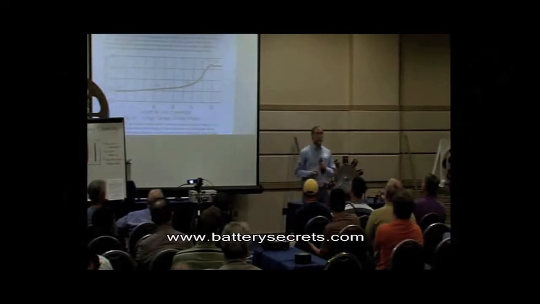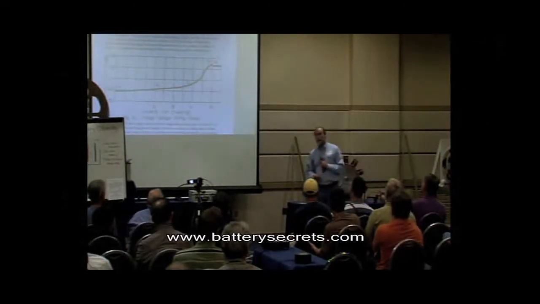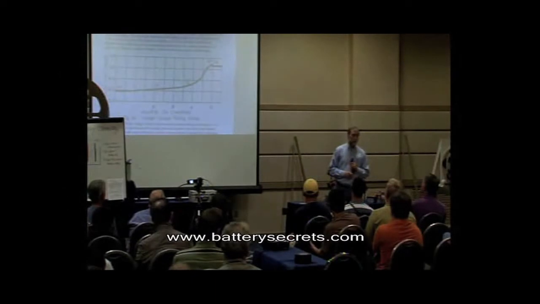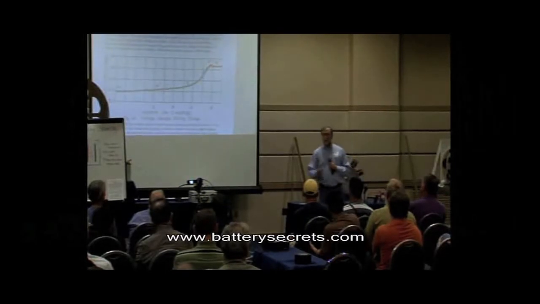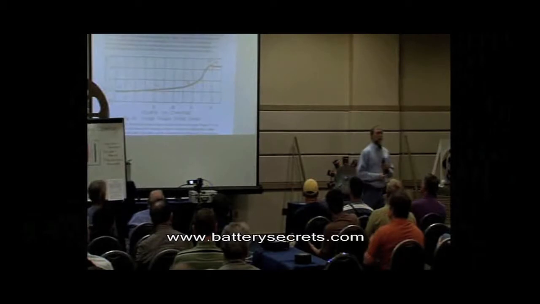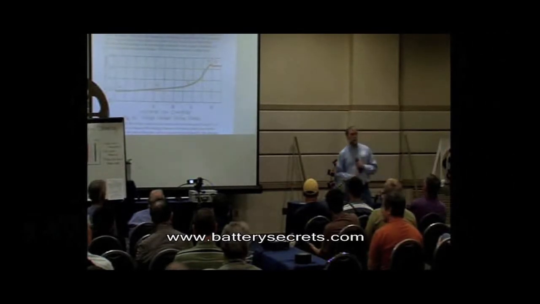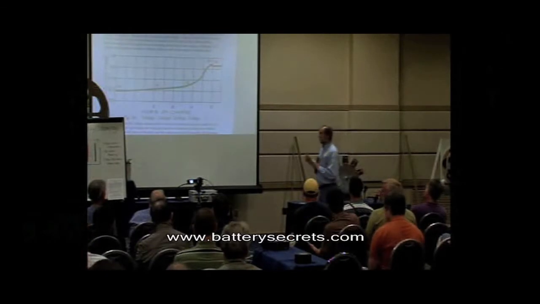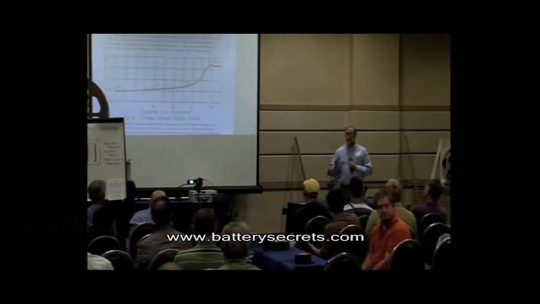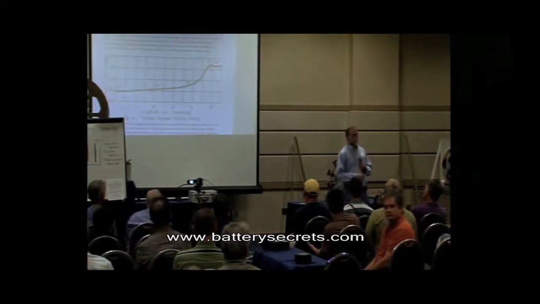The only thing you have to do manually after that is just discharge it deeper again, and keep discharging it deeper and charging it back to the top until you've challenged every single layer of sulfation that's ever been plated out during a deep discharge. When you're done, you have chemically rebuilt the battery.